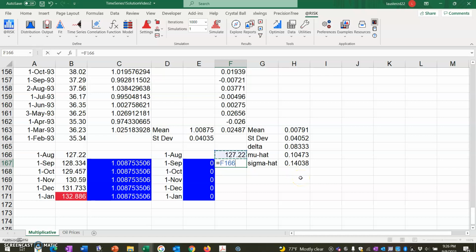And it'll be the prior price times the exponential function would be mu hat, and we'll use absolute references on all these parameters, minus sigma hat, which is in H167, squared, divided by 2, and then times delta.